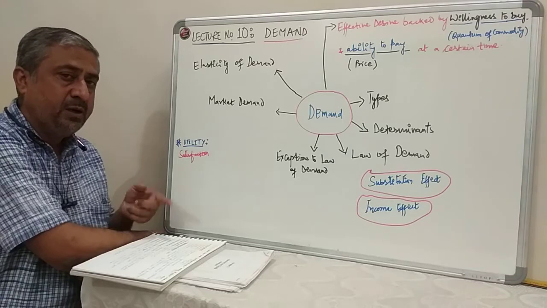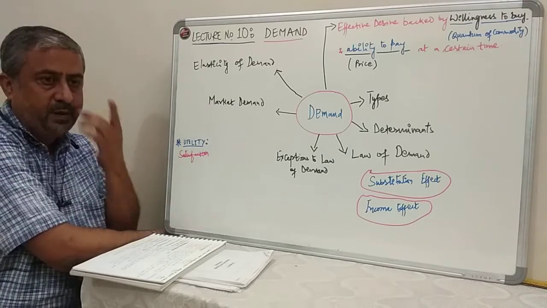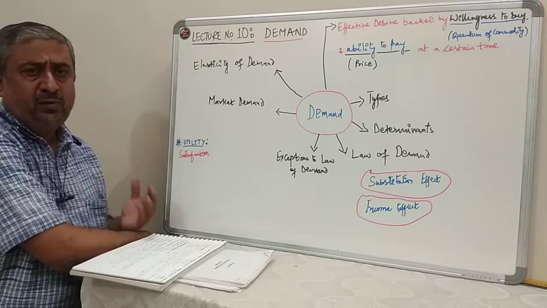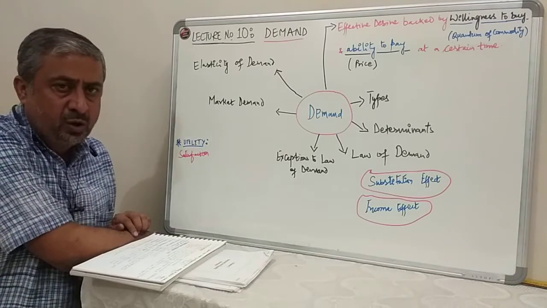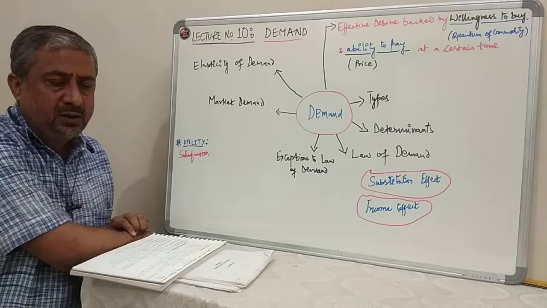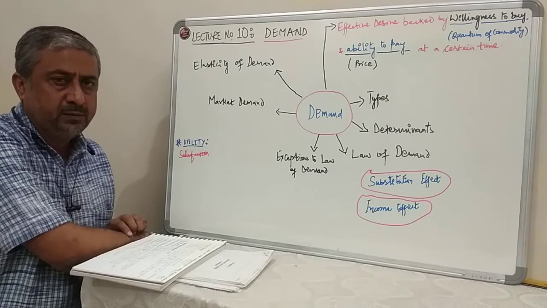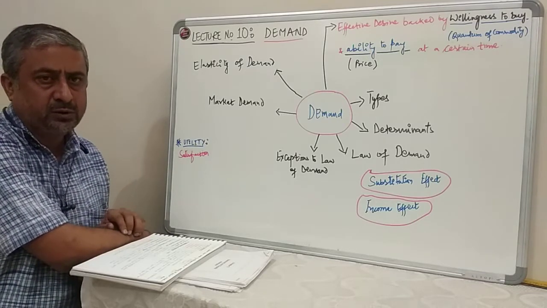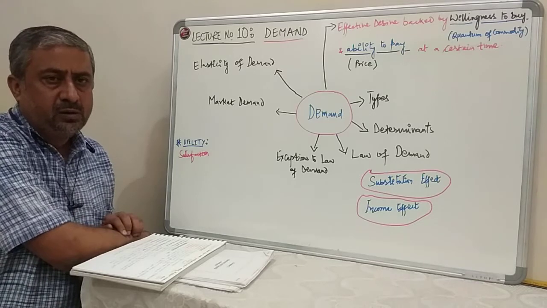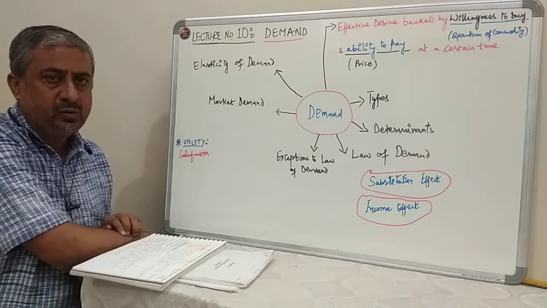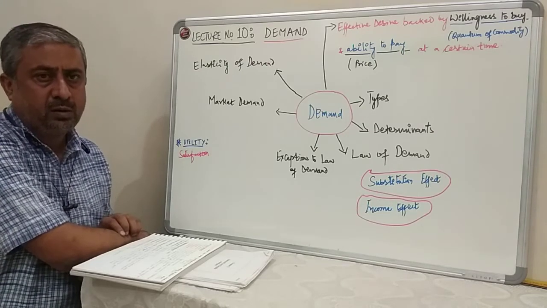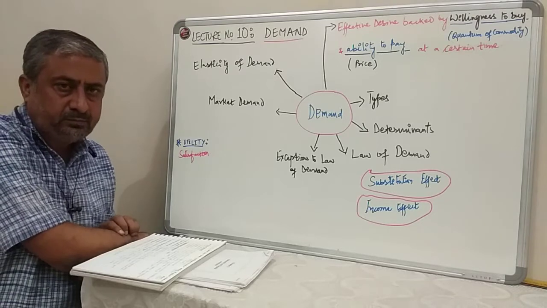And ability to pay. You might be willing to buy. You might have effective desire, but still if you are not able to pay, that does not constitute demand, at a certain price, of course. I'm not going to buy a product at a price which I am not able to afford or at an agreeable price.